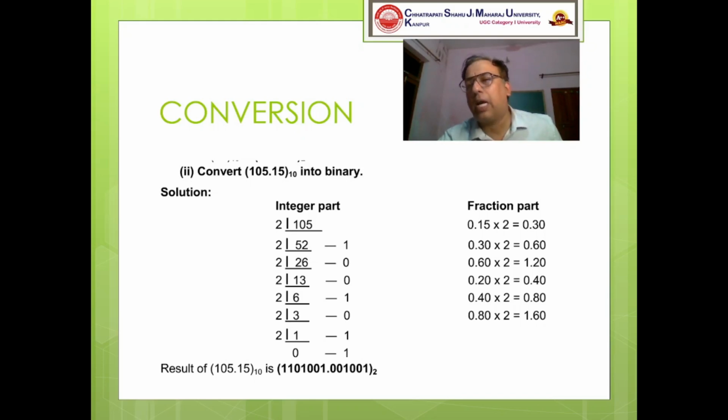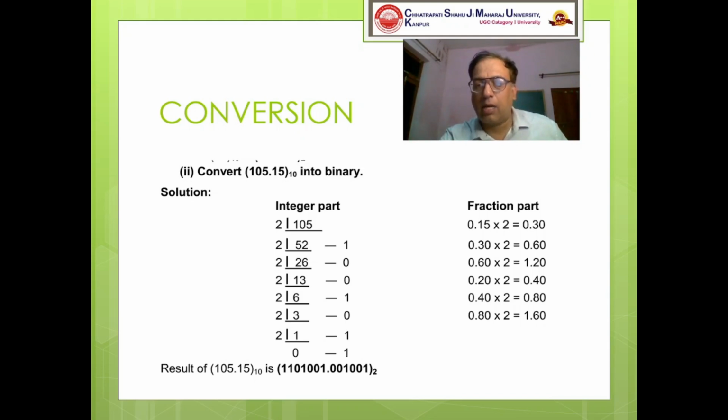If it is repeating the same integer part, as we can see over here that 001, and it is again repeating 001 as an integer part, then there is no requirement of multiplying again and again.